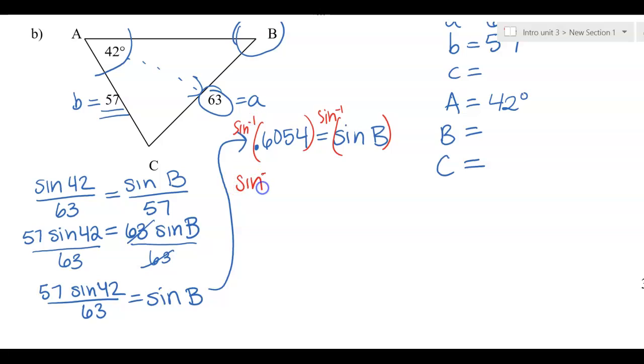So we really have the inverse sine of this decimal will be equal to angle B. And then that's what I'll put into my calculator with all 4 of those digits just to not lose some of the accuracy. And so then I get 37.25. So we'll call it 37.3 degrees.